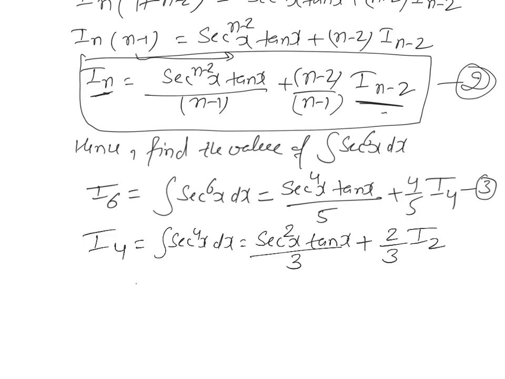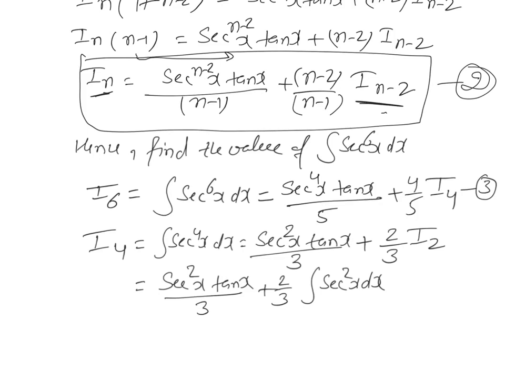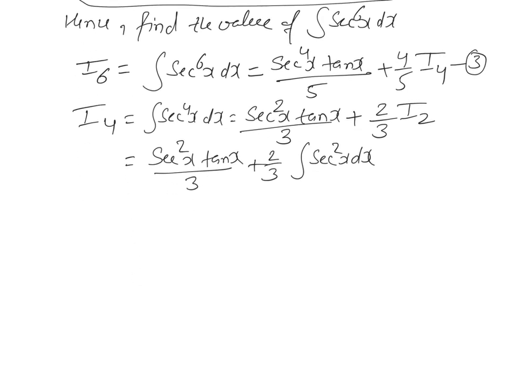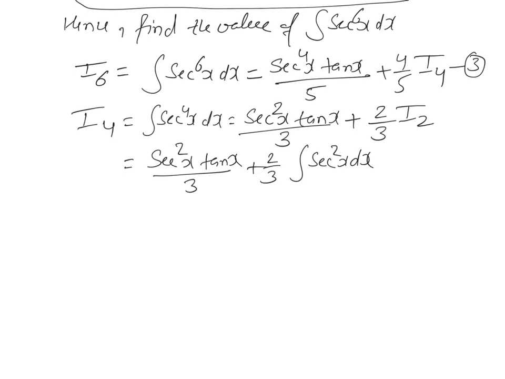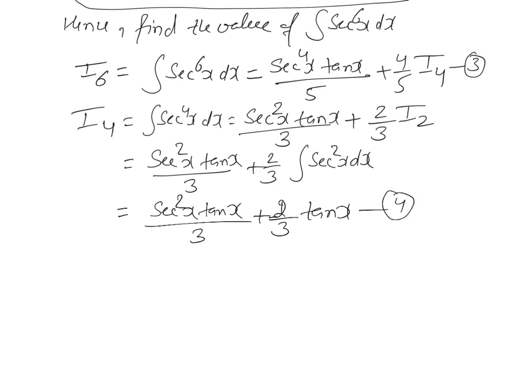So this is further equal to secant^2 x tan x by 3 plus 2/3 integral of secant^2 x dx. And you all know the integral of secant^2 x dx is tan x, because secant^2 x has integration tan x. Name it as equation number 4.